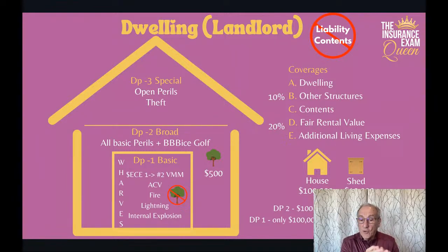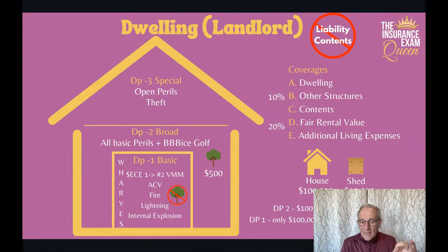Fair rental value is listed at 20%. What we mean by that is, let's imagine a $100,000 home and I lost rent. Every month, the insurance company will pay me that rent until they've paid me $20,000, and then my coverage for D is over. Okay. Additional living expenses for you to go in a hotel is also at 20%.